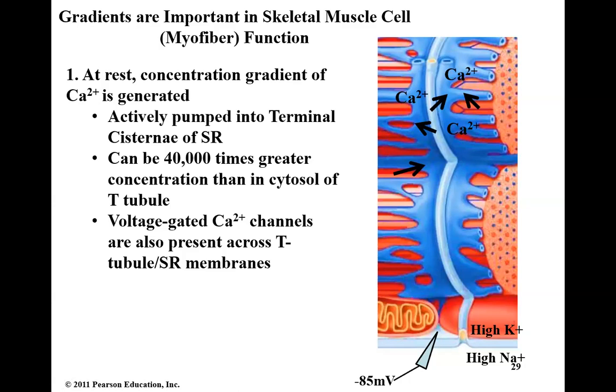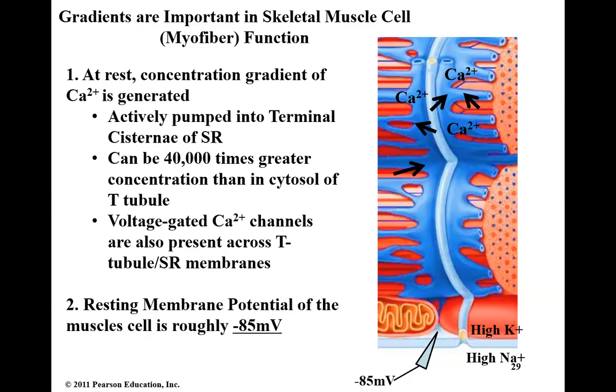So in other words, when an action potential comes down the T-tubules, this is going to change the shape of the voltage-gated calcium channels and let calcium flow with its concentration gradient, which, as we know, is out of the SR and into the muscle cell. And remember that, just right underneath the SR are these myofibrils, which contain actin and myosin. Actin is covered with tropomyosin, and unless there's calcium, tropomyosin is going to stay over those active sites, right?